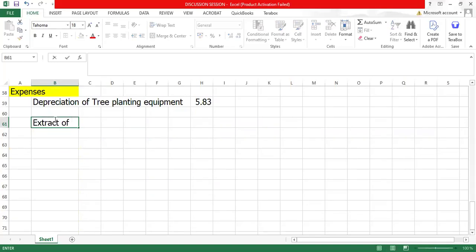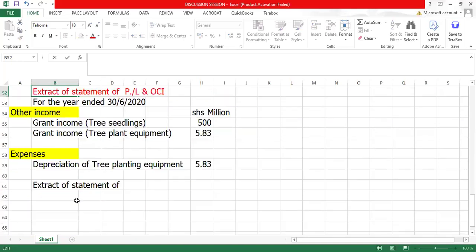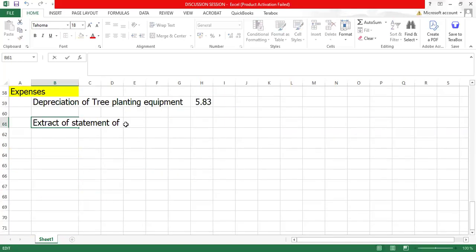Then we look at extract of statement of financial position, at 30th June 2020.